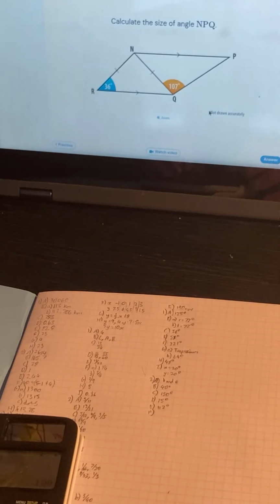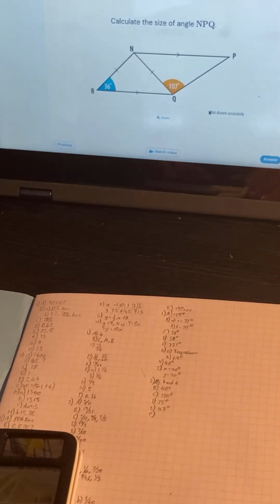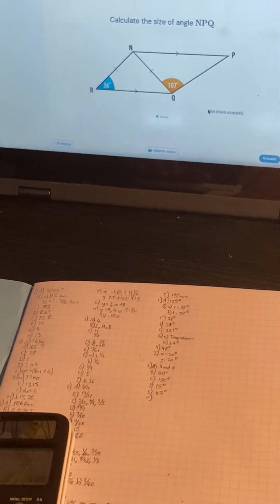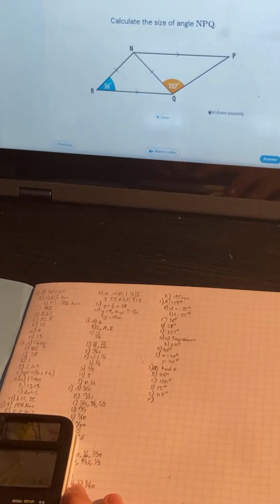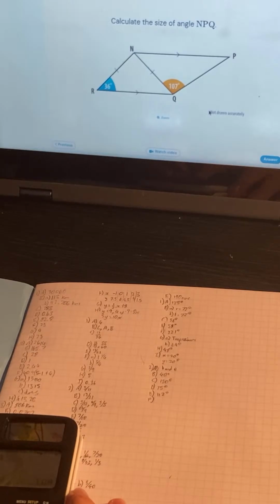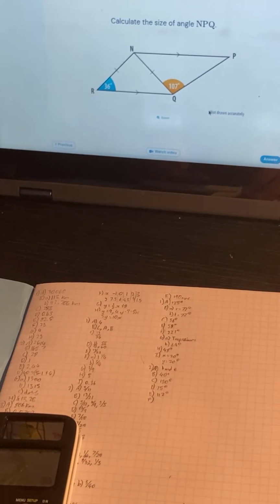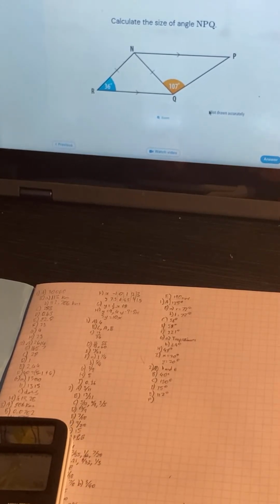Wait, it should be the same. No, it shouldn't. So 107 plus 36 equals that. 143 subtract 108. Then it should be that. And then it leaves us with everything else.